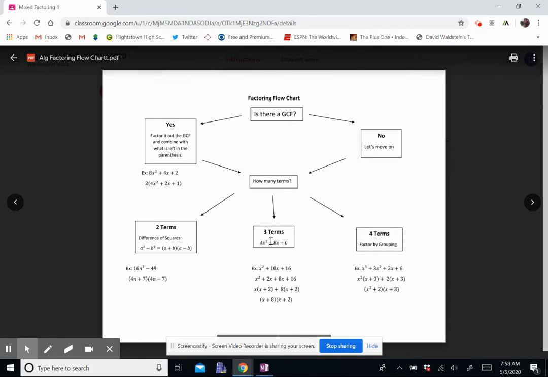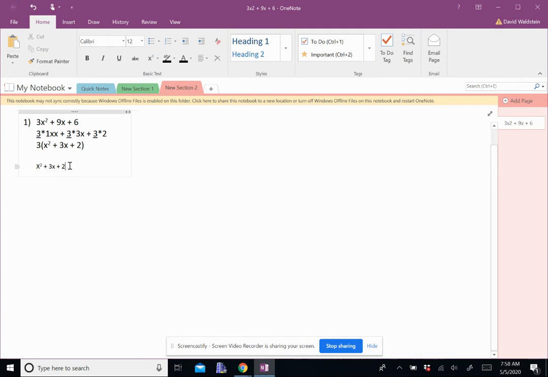How many terms? There's 3. So we're going to use our normal factoring of trinomials, where we multiply a times c, split the middle term into the two numbers that multiply to get that number and add to get the middle number, and then factor by grouping. So again, we're going to multiply.